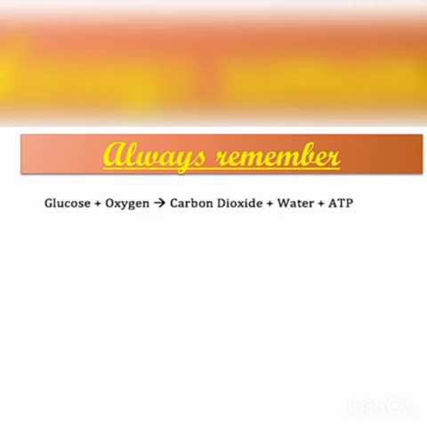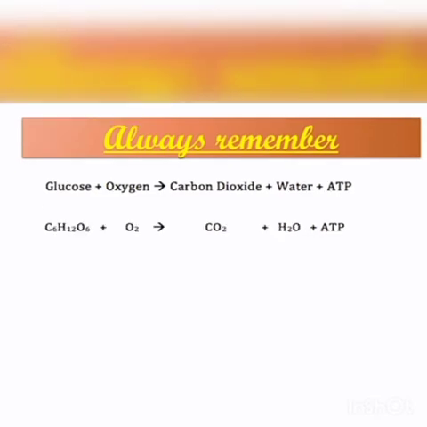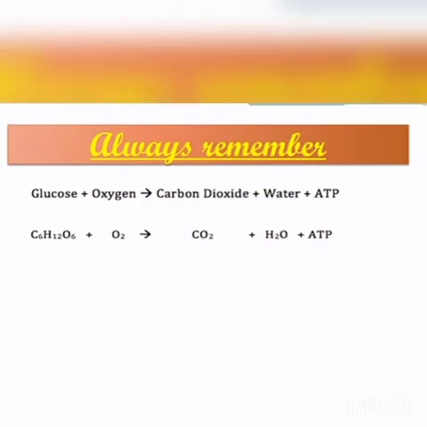The first step of writing the chemical equation is to write a word equation by using the names of the concerned substances. When the chemical formula is written in place of each name, it becomes a chemical equation.